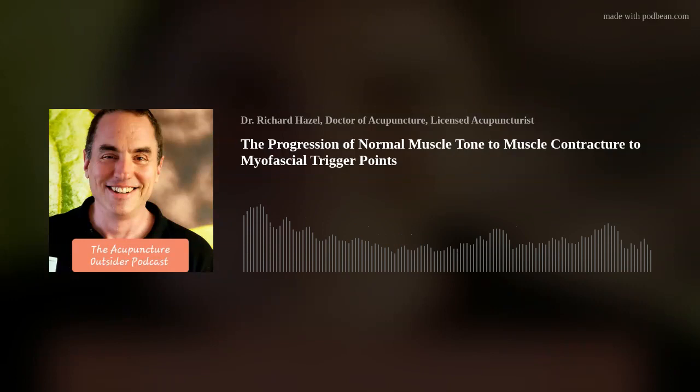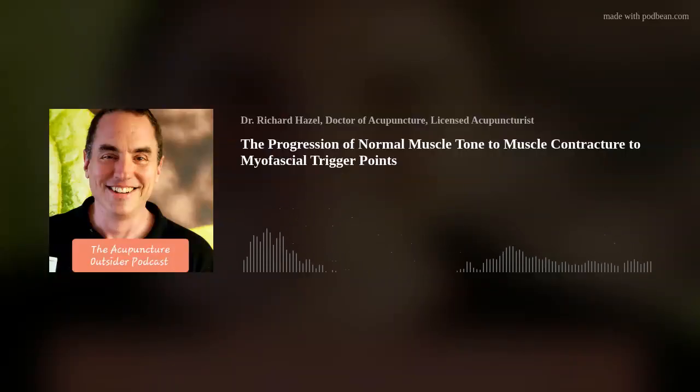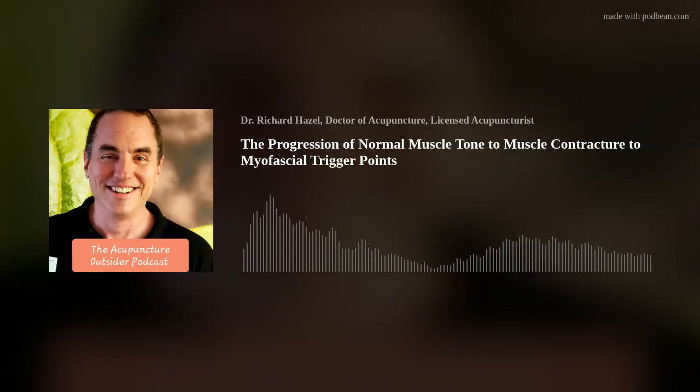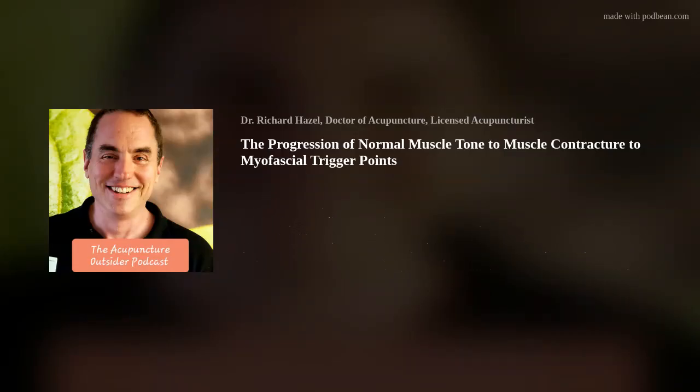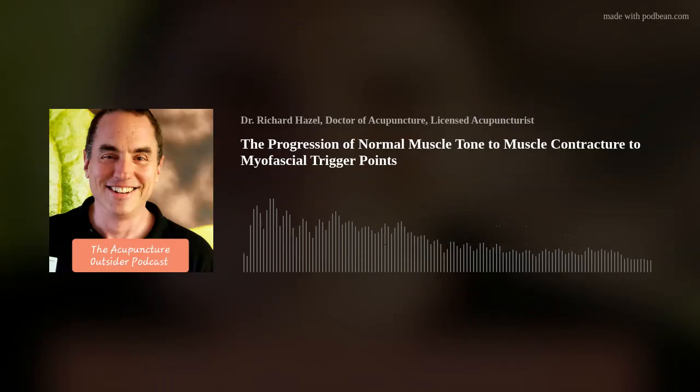Okay, so hypertonicity that you're going to see in things like the erectors can sometimes resolve by just releasing the psoas. But like I said, if it's long-term, there's already been some shortening, contracture of the muscle. It is now short, physiologically short, weakened by being contracted. Vladimir Janda called it tightness weakness. So that contracture is now changing the chemical dynamics in the muscle, and it's going to become more ischemic.